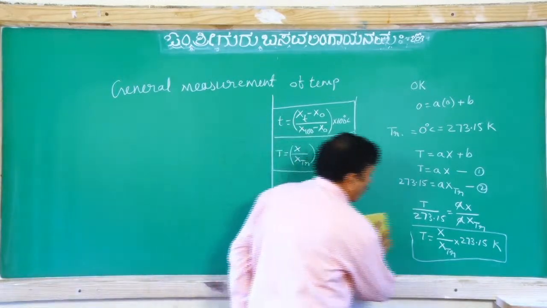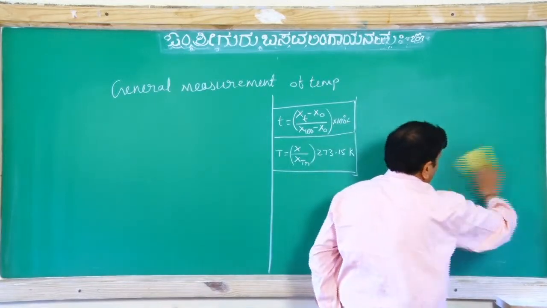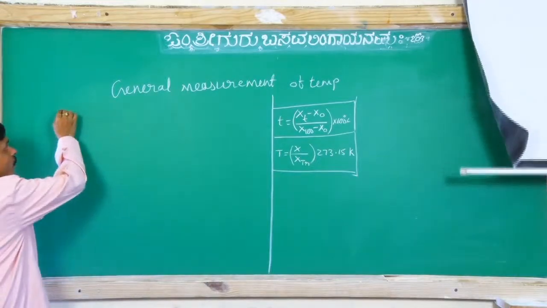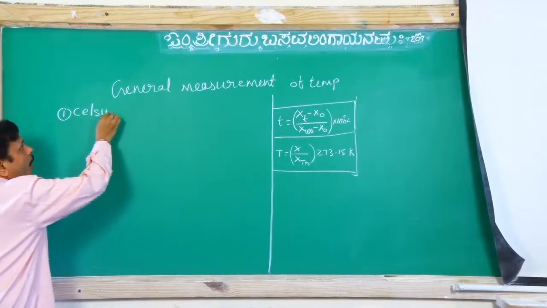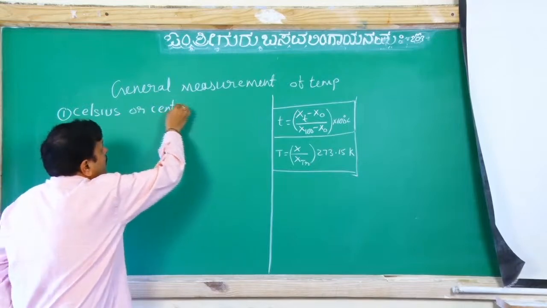Now we will go for measurement scales. We have got many measuring scales. First is the Celsius scale or centigrade scale.